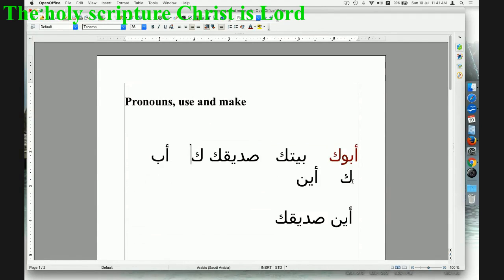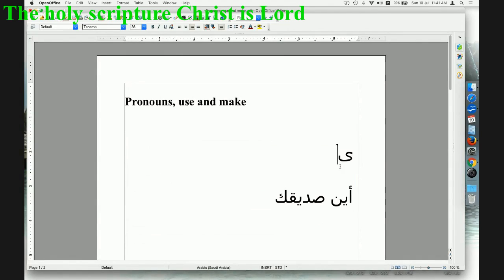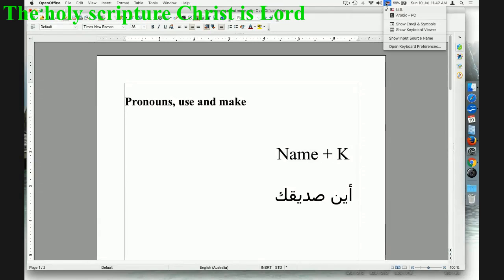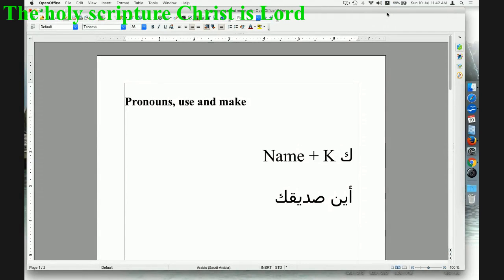So let us make a little rule to remember. We have a name, let us type in English. Then we add to it the letter ka, or K in Arabic. That will make it belong to you.